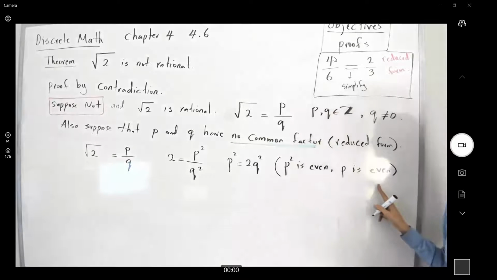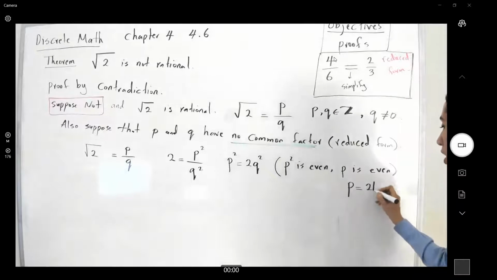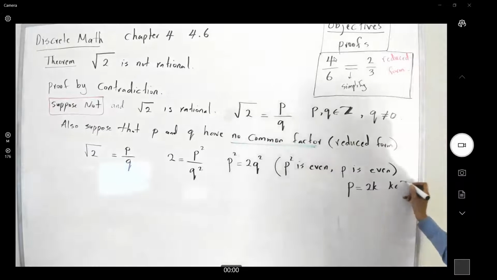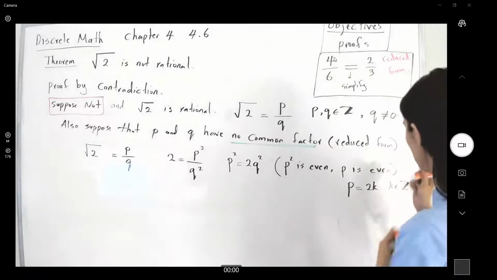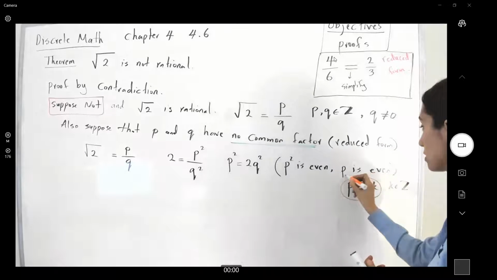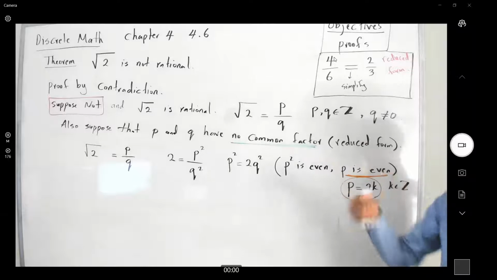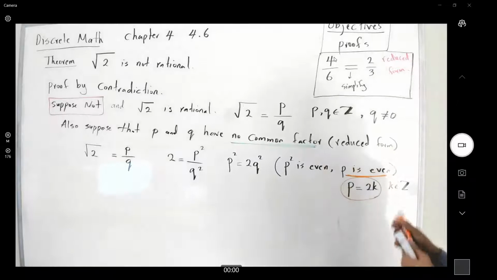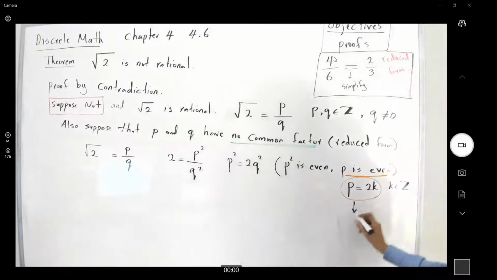So when P is even, it means that P can be written as 2 times K, where K is an integer. So P is equal to 2K, and P squared is 4K squared.